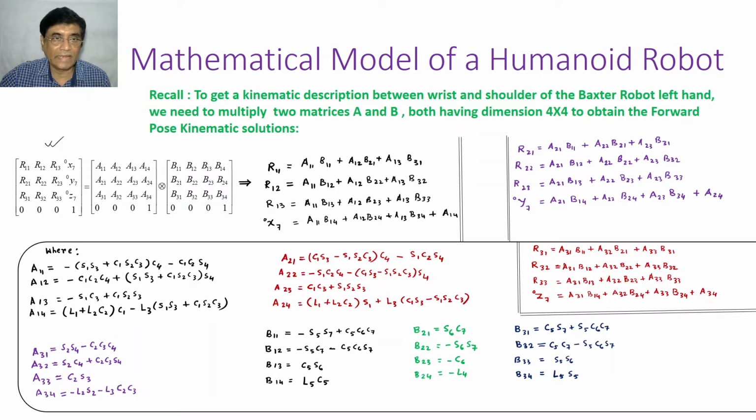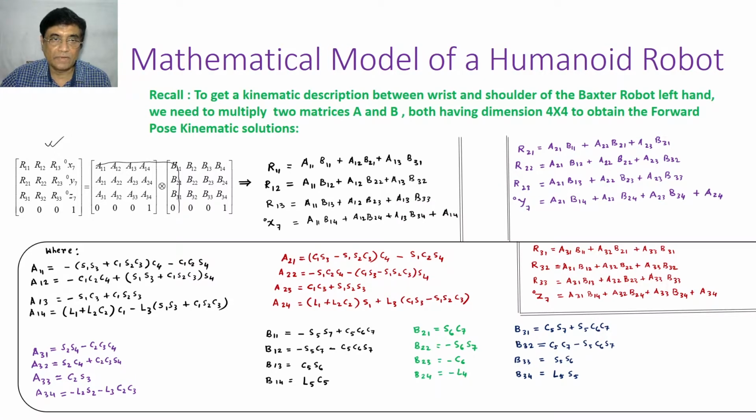Now we will be able to do this directly using the symbolic computation tool. This is simple matrix multiplication. So what will be R11? This is all 4 cross 4 matrices. R11 will be, multiply this row with this column, right? This is matrix multiplication.